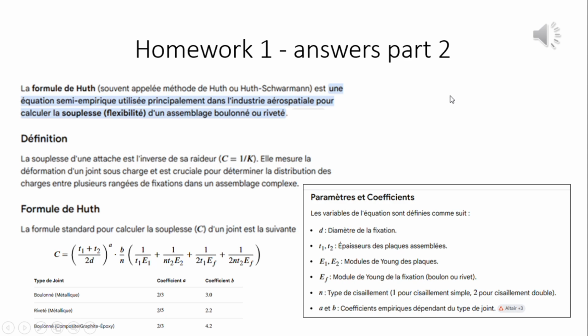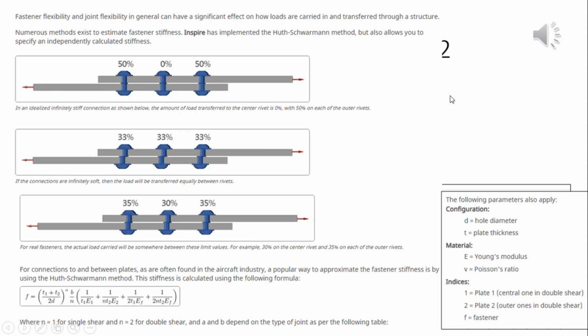So Huth theory: we're going to talk about fastener flexibility. Joint flexibility in general can have a significant effect on how loads are carried in and transferred through a structure. Numerous methods exist to estimate fastener stiffness, la rigidité.